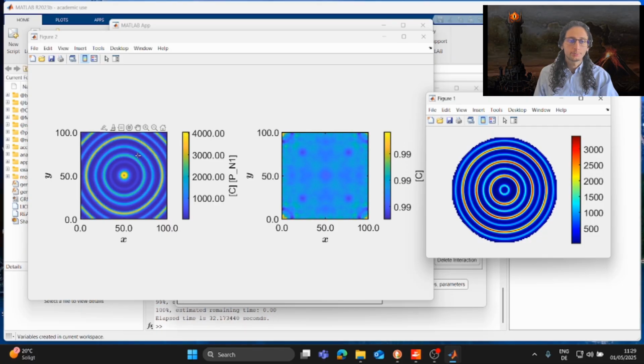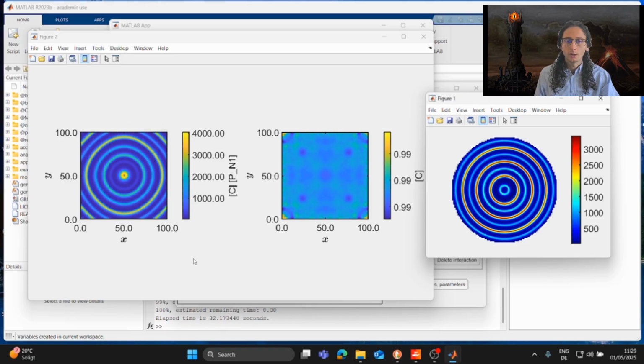The concentration of PN1 at any specific location is given by the intracellular concentration multiplied by the cell concentration at that location. As the simulation finishes, you can see this artistic pattern on the right image, and this is just due to the fact that there are small numerical variabilities as the entire colony exceeds 0.99.